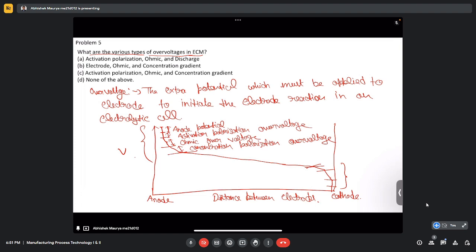These drops take place in the vicinity of the interface of anode and electrolyte. There is a formation of a double layer, and within the double layer all these drops take place. So this is called the anode over voltage. And exactly the same type of drops also take place at the cathode, and that is called cathode over voltage.